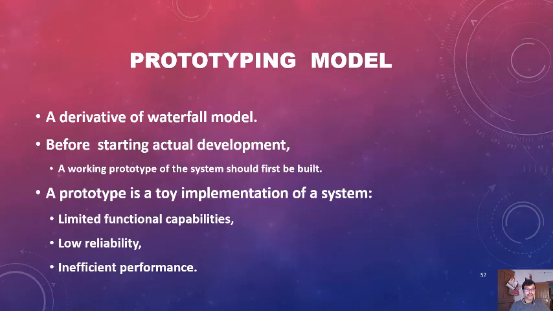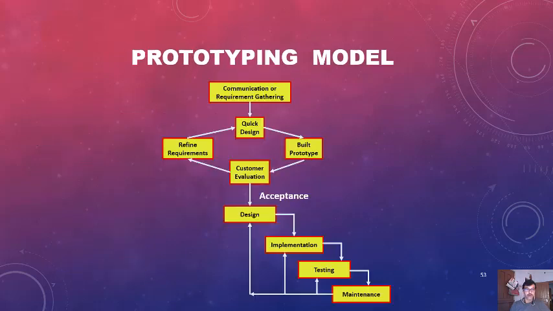When the prototype is built and finally approved by the customer, then you throw out the prototype, and it will be removed from your project, and you will start from the new stage of the prototype model. So this is the prototype model.